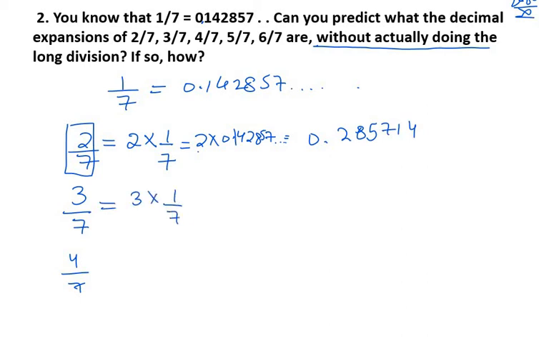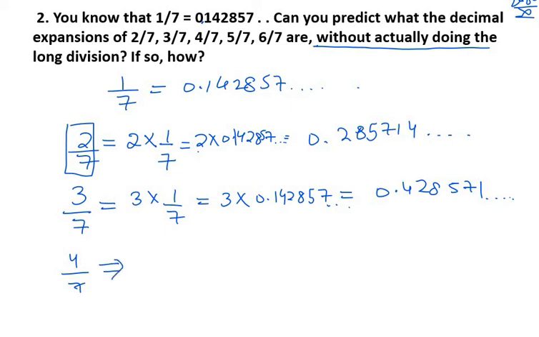Now the next one is 3 over 7. So 3 into 1 over 7. So 3 into 0.142857. Now when you multiply this number with this number, you get 0.428571 and so on. You just need to mark it as non-terminating number.